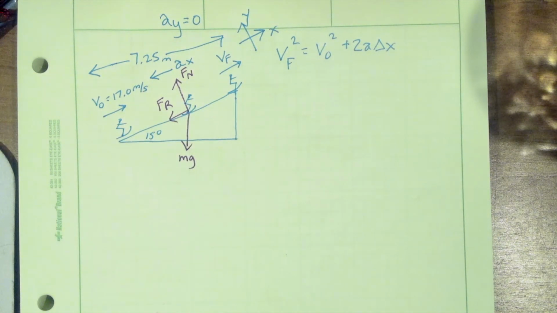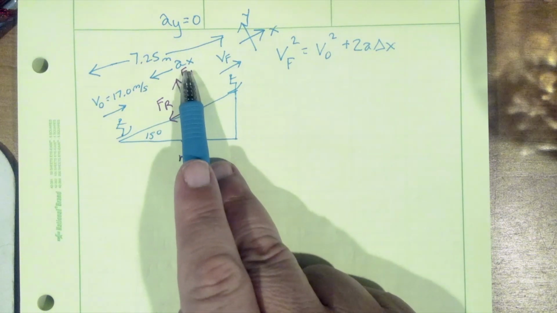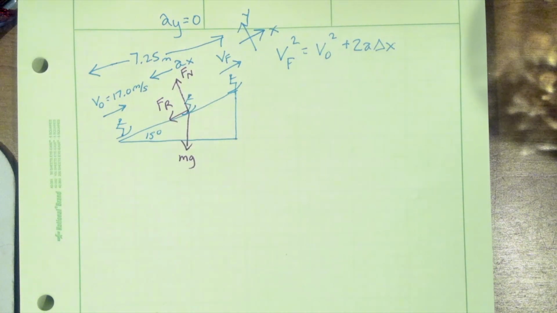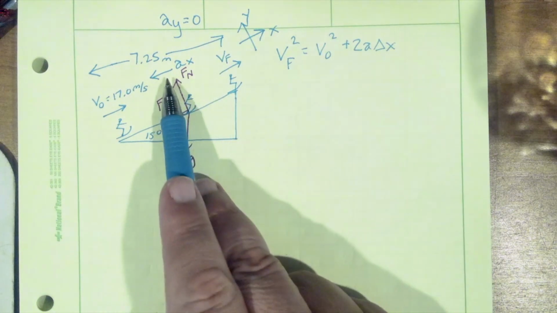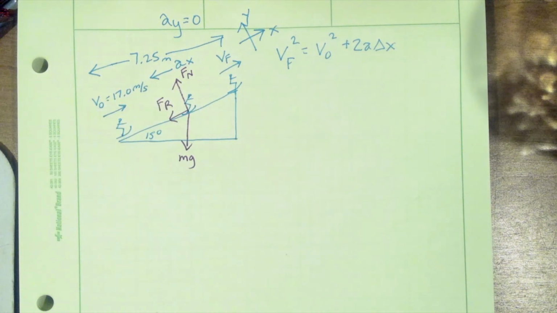So from the y direction, her acceleration is 0. And we're concerned with what her acceleration is in the x direction. Notice how that acceleration is going to be down the ramp, since she's going to slow down as she goes up the ramp, so acceleration and velocity should have different directions.